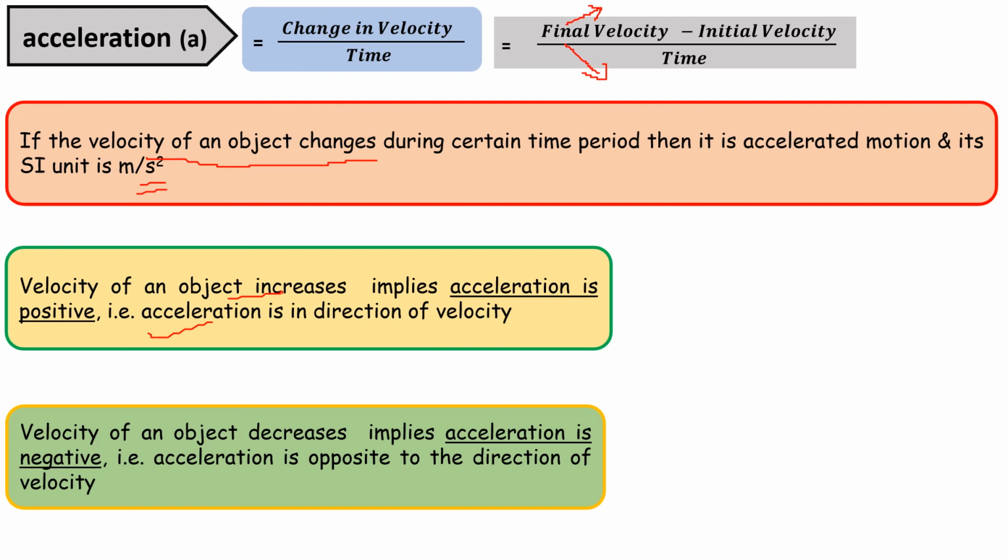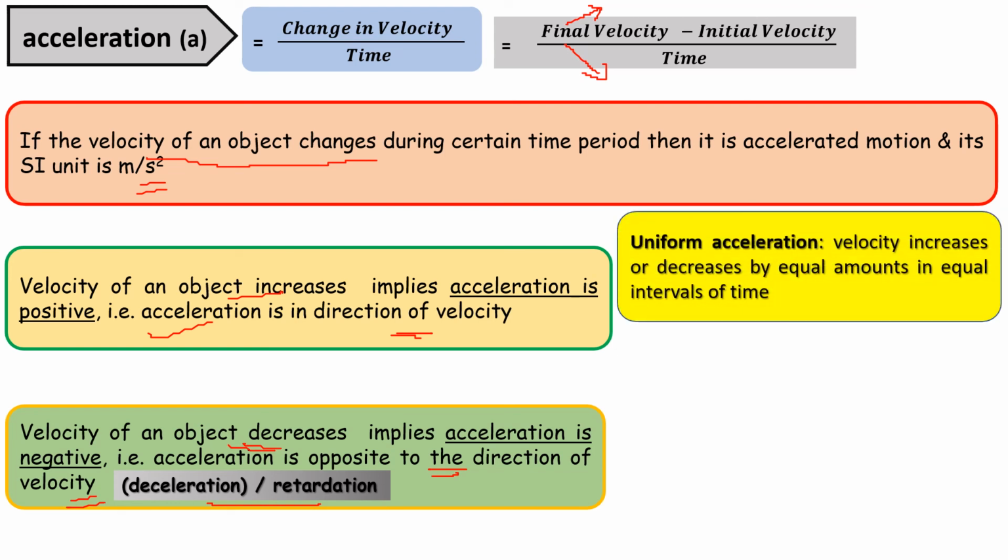That is, acceleration is in the direction of velocity. However, if the velocity of the object decreases with time, it implies the acceleration is negative, or we say acceleration is opposite to the direction of velocity. Such kind of acceleration, that is negative acceleration, is also called deceleration or retardation.